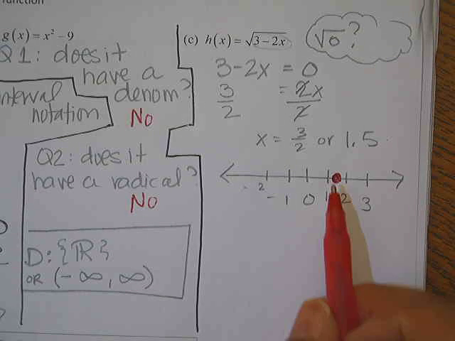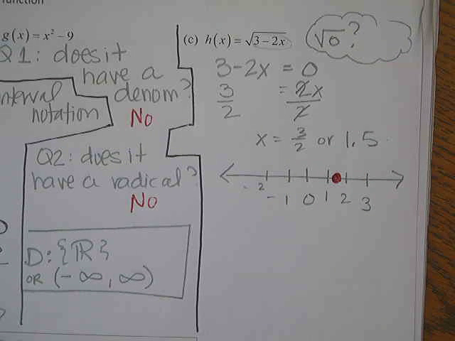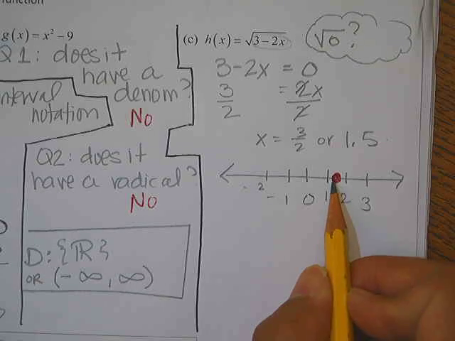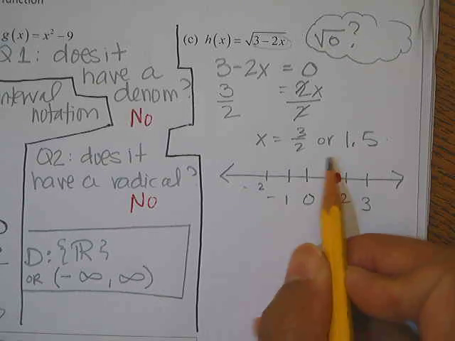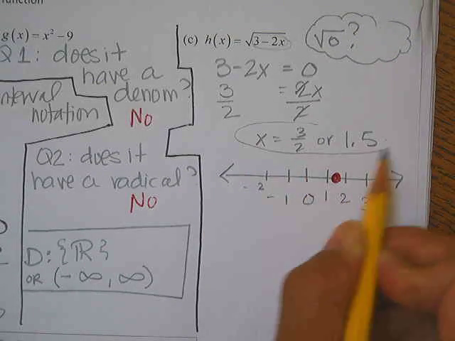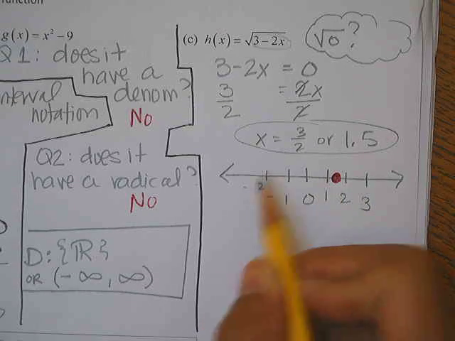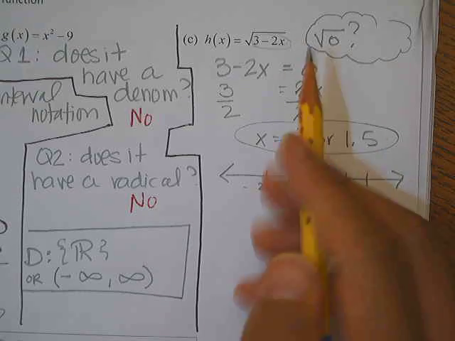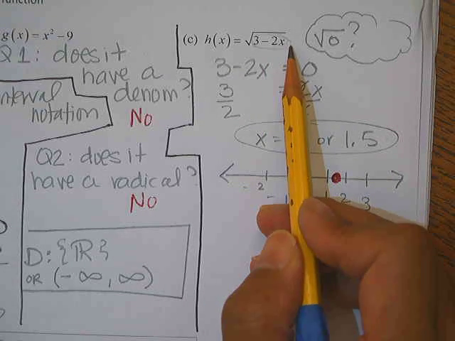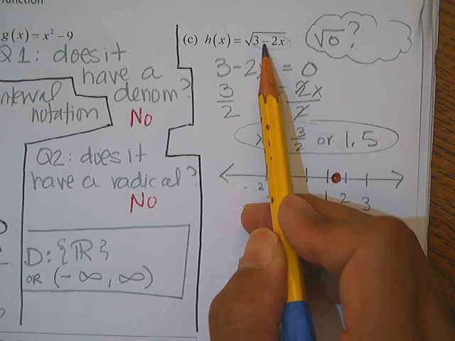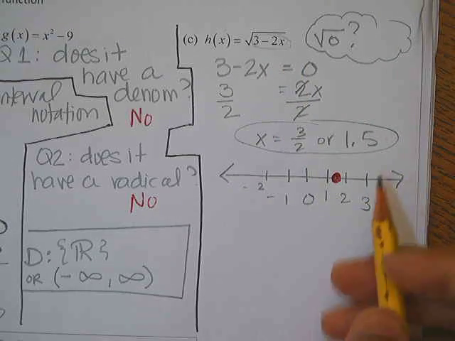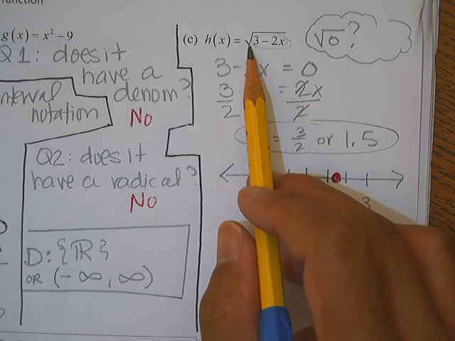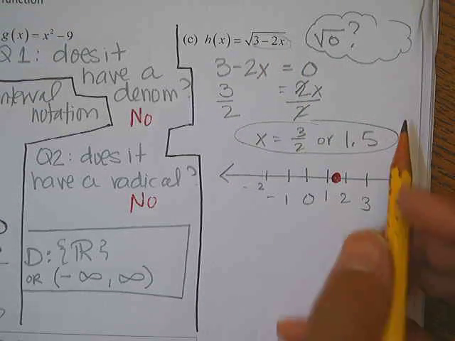The question is, now you have to test. Pick a point on the right of the value you've just solved, and pick a point on the left, and plug it back into the equation. So here we go. I'm going to pick 3. -2 times 3 is going to be -6. 3 minus 6. Check.